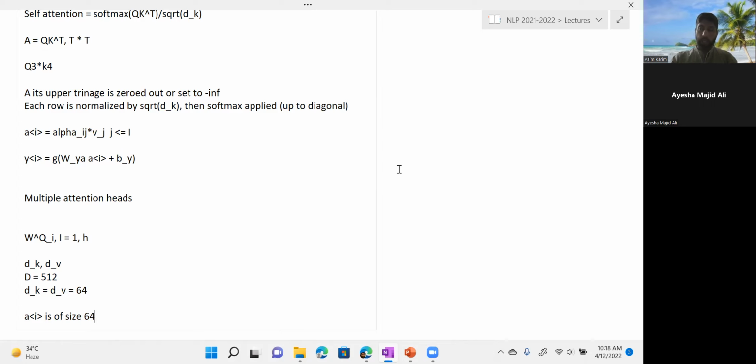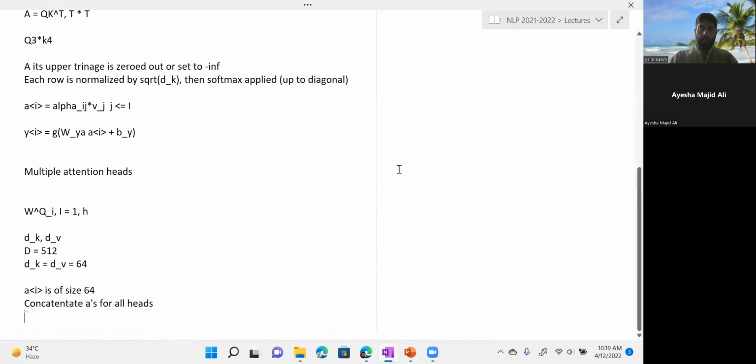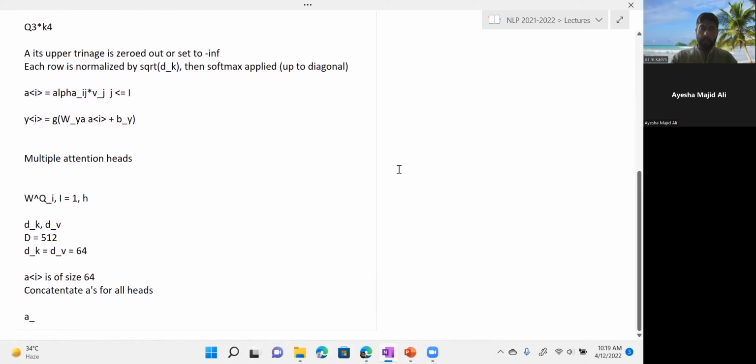So and then of course there are H heads, so you concatenate for each head, for all heads. ठीक है? So let's say आपके पास, अगेन मैं A को अब हेड्स के साथ डिनोट करता हूँ. एक I हेड है, ये I यूज कर रहा हूँ हेड के लिए, ये T पोजीशन के लिए यूज कर रहा हूँ. ठीक है?